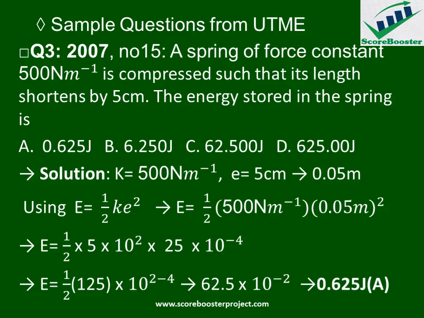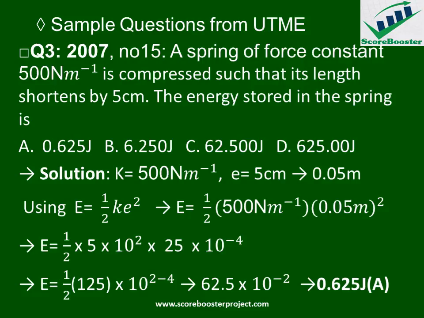That means the extension is 5 centimeter. But we have to convert it to meter before we can use it in further calculation. And since 100 centimeter is equal to 1 meter, we divide this 5 centimeter by 100, and that will give us 0.05 meter. Now let's proceed to the substitution.